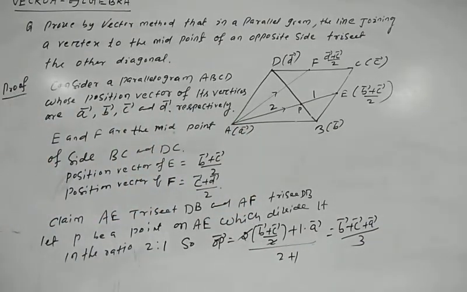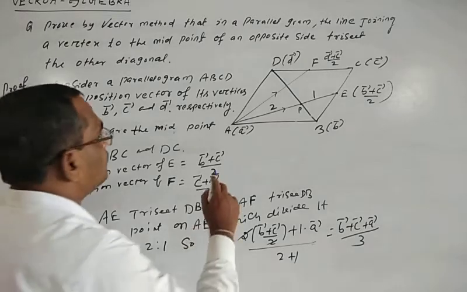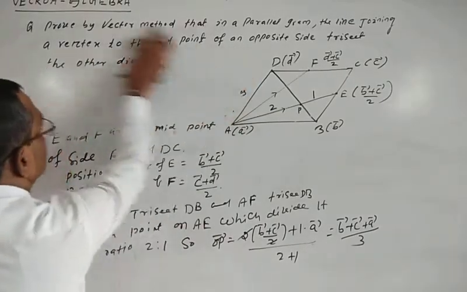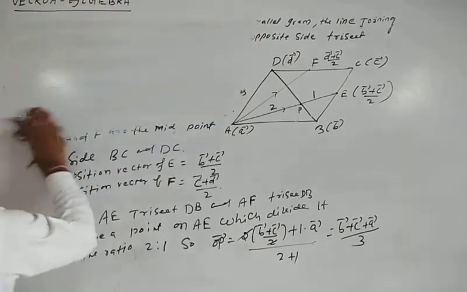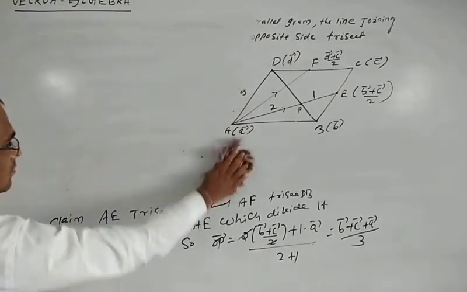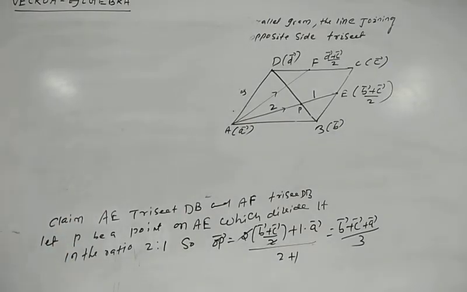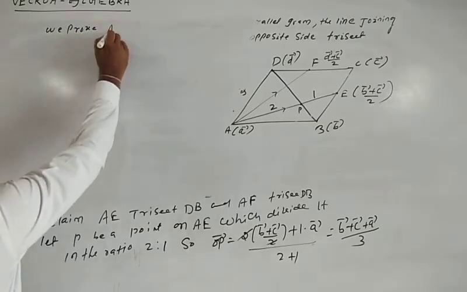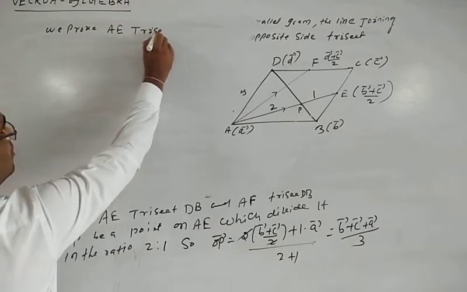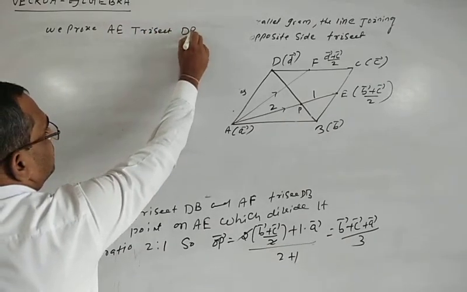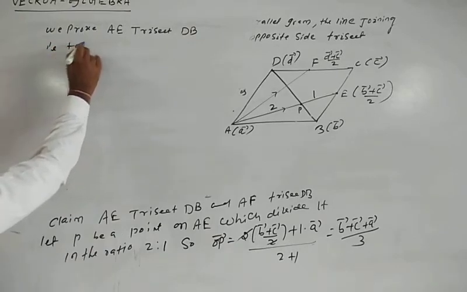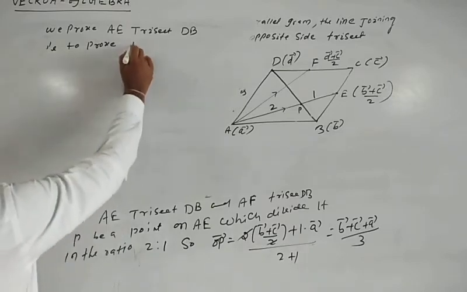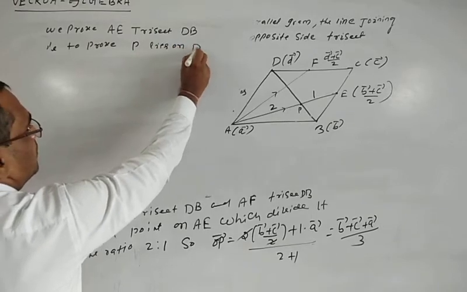Okay, so actually to prove AE trisects DB, it is enough to prove P lies on DB.